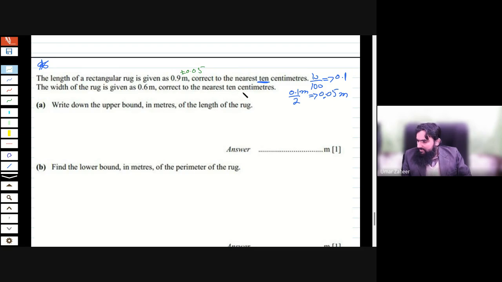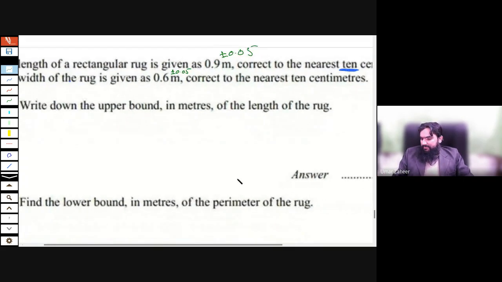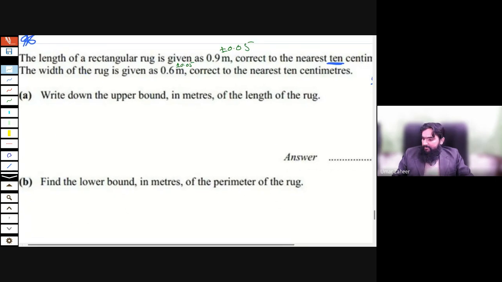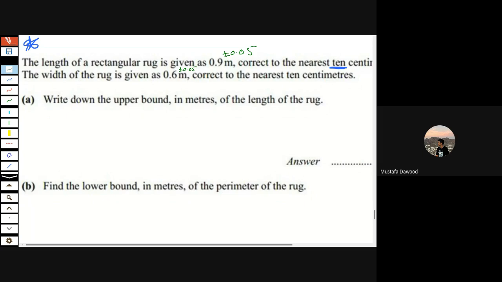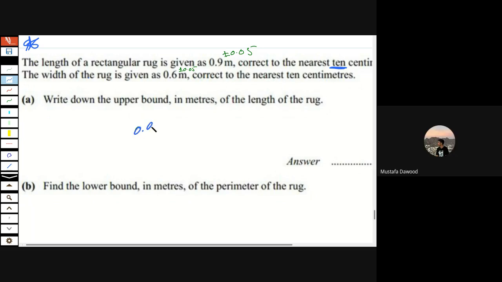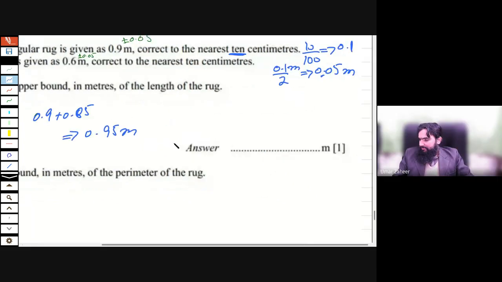In the same way, the width is exactly the same, 0.05 as well. The upper bound of the length of the rug would be 0.9 plus 0.05, that will be equal to 0.95 meters.